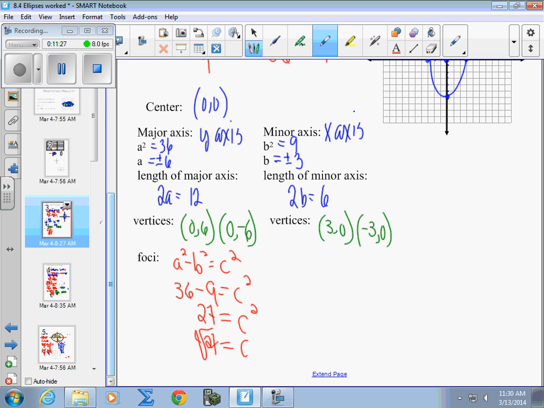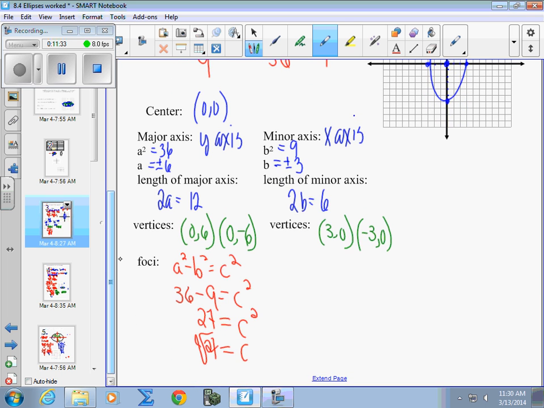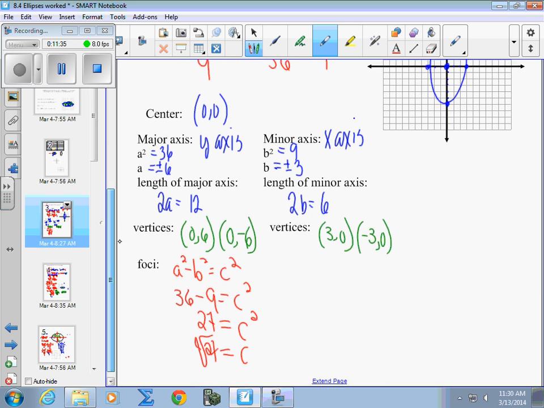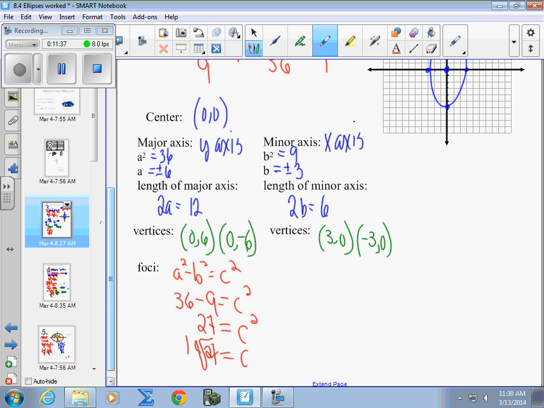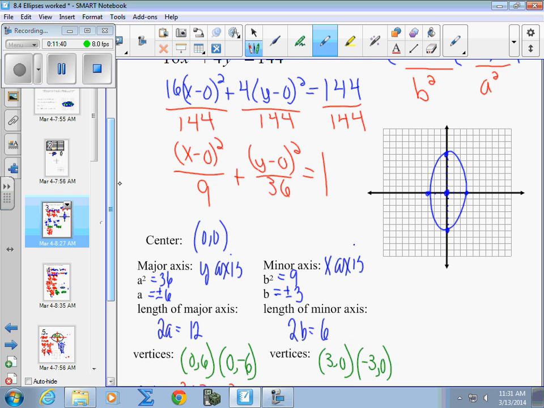And don't simplify that, y'all. I know that it's 3 square roots of 3, but let's just leave it as the square root of 27 so you can estimate what it is. Plus or minus the square root of 27 is approximately a little over 5. So you're going up 1, 2, 3, 4, 5, and a teeny bit more for the first focus. You're going down 1, 2, 3, 4, 5, and a little bit more for the second focus.